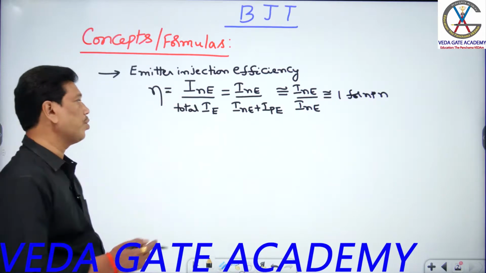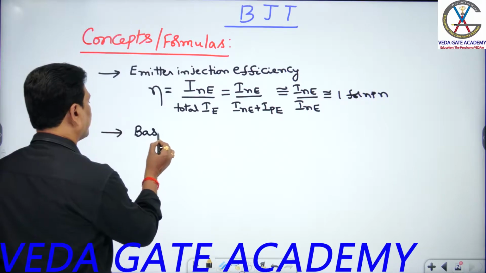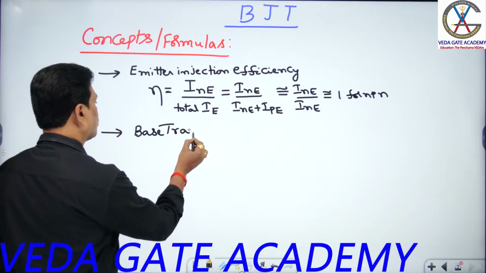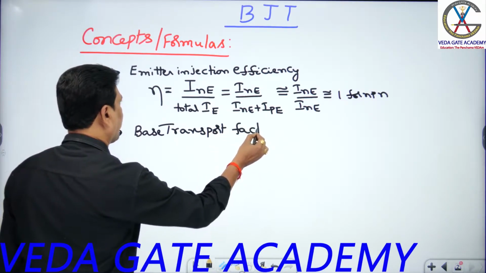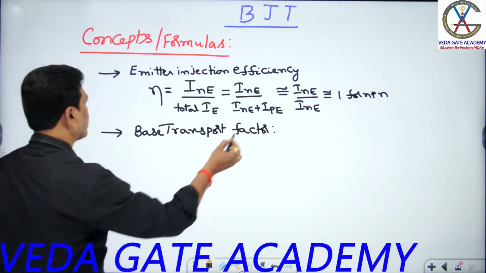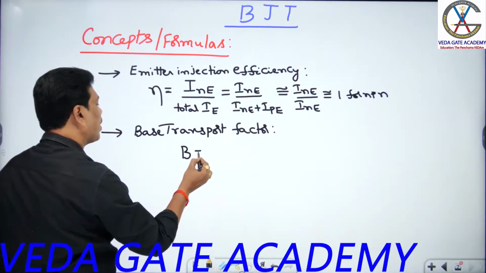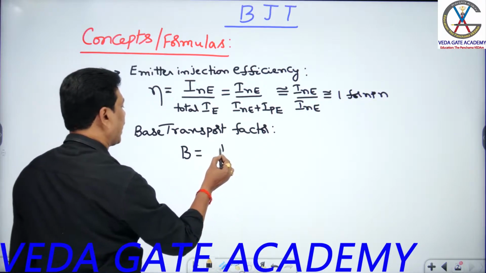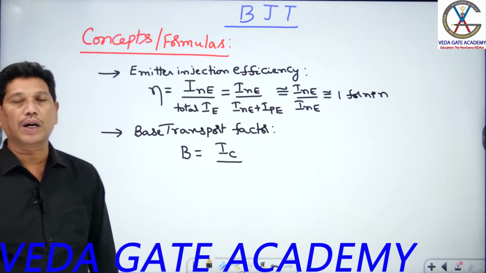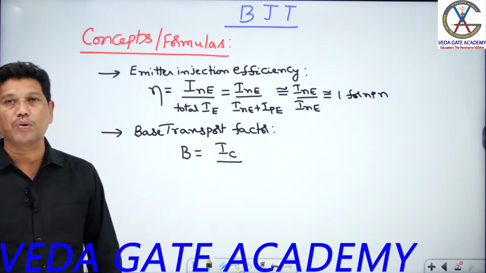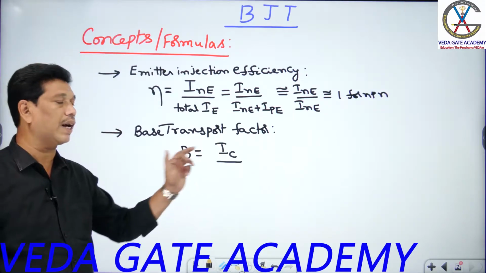Next, students, the base transport factor. What does the base transport factor mean? The base transport factor, called B, indicates how much of the current by the diffusion of emitter carriers appears as injected collector current.